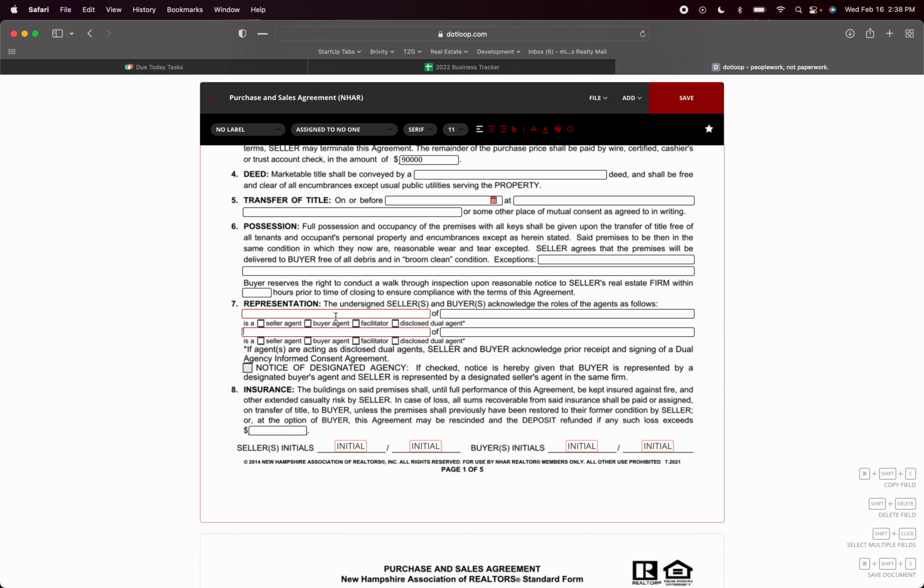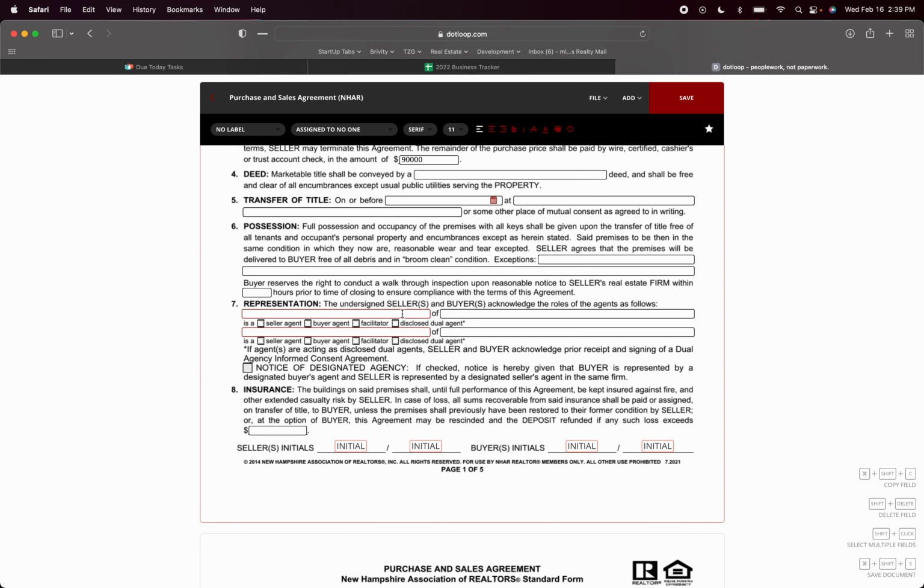So Mark Zoller and Michelle LaCroix are listed on all of our contracts, just for legal purposes, since they're frequently aware of everything going on in a transaction. But whoever the primary agent is who is working with that client, just their name needs to be listed here as either the buyer or the seller agent.